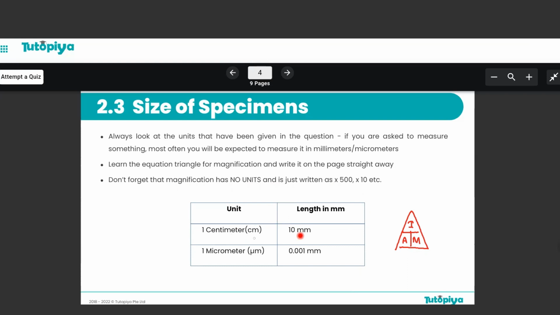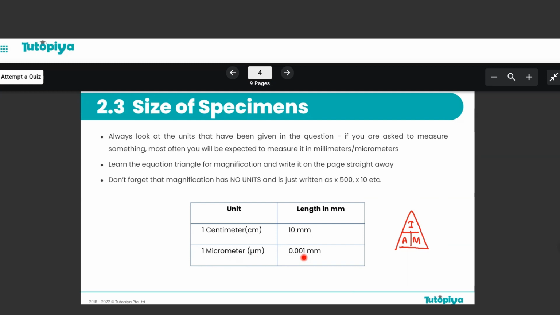If we are dealing with centimeters and millimeters, remember that 1 centimeter equals 10 millimeters. And if you have a question with micrometers and millimeters, remember that 1 micrometer equals 0.001 millimeter.